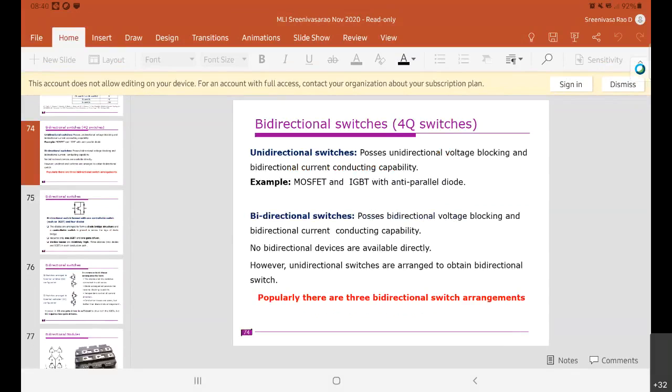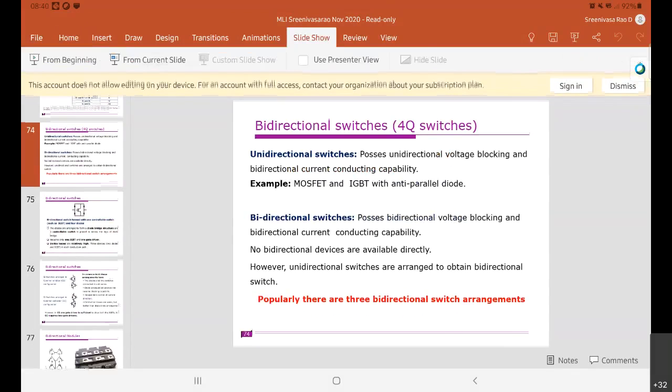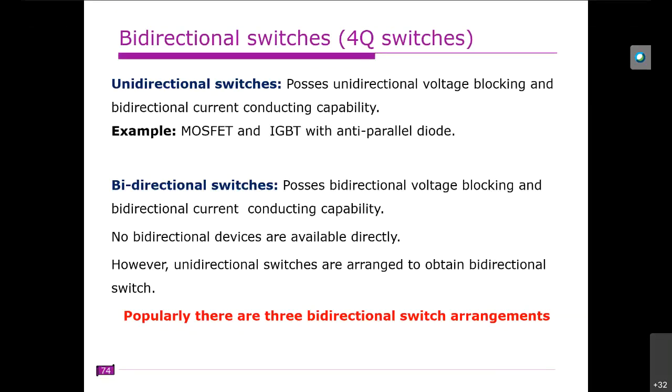We'll briefly review the bidirectional switches. Bidirectional switches are 4-quadrant switches. We have unidirectional switches, that means a switch with anti-parallel diodes, which we have seen. Bidirectional switches can block the voltage in both directions and allow the current to be conducted in either direction.